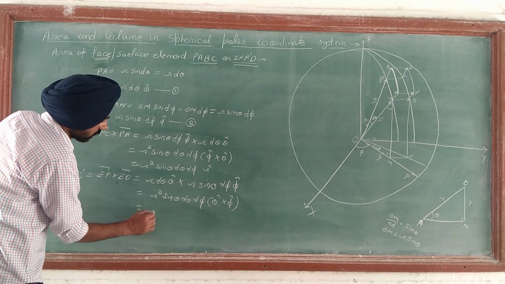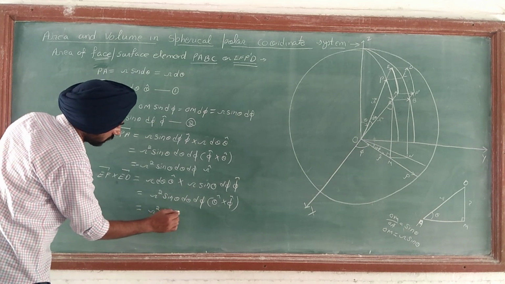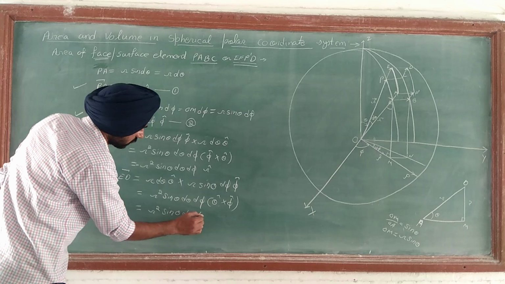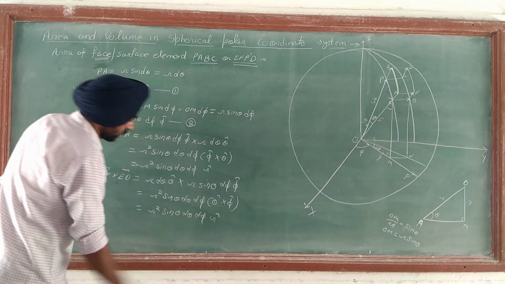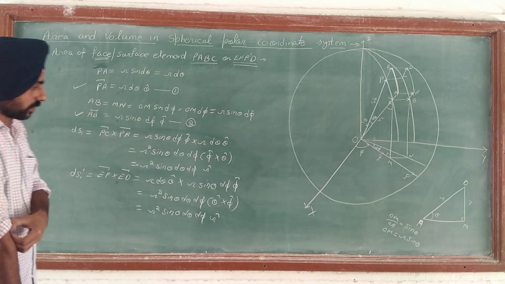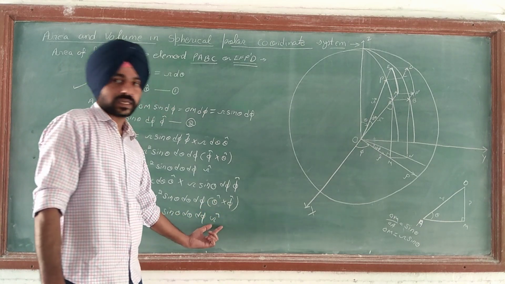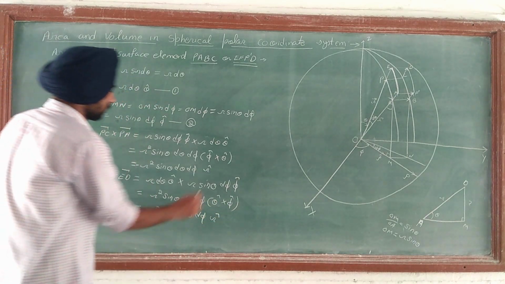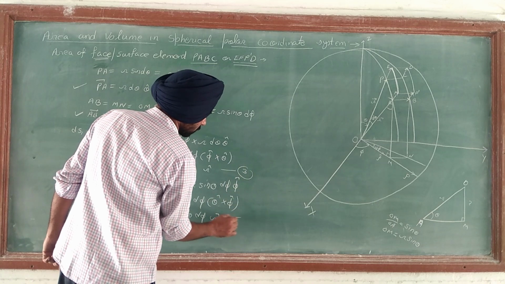So it will be R² sin θ dθ dφ into R cap, since θ cap cross φ cap is R cap. Let it be equation number 3. So this is equation number 4.